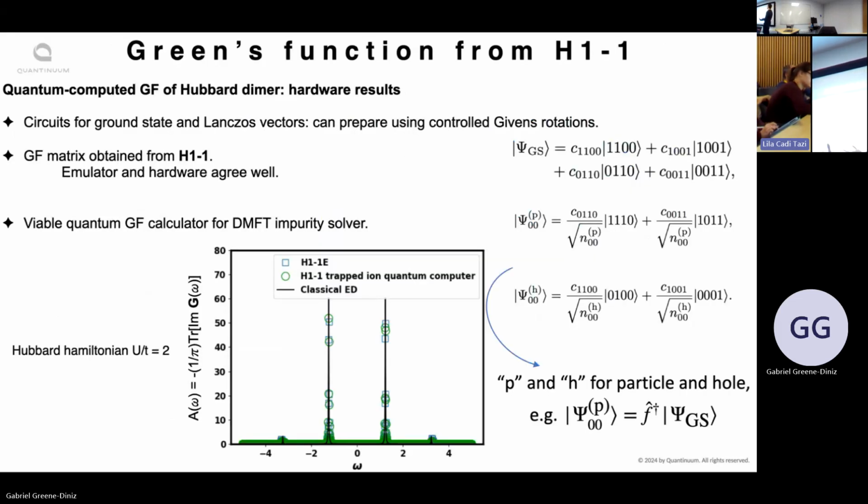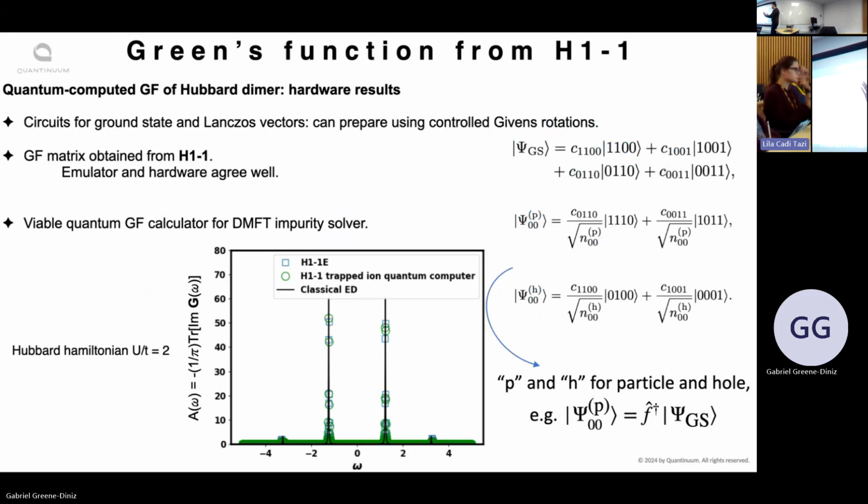So, for example, taking the Hubbard dimer as an example, you can write the ground state like this. We have the same kind of convention as we use in chemistry. Now if you apply the ladder operator to this, you get a normalized linear combination, and we can use our Givens rotation code to prepare those states.